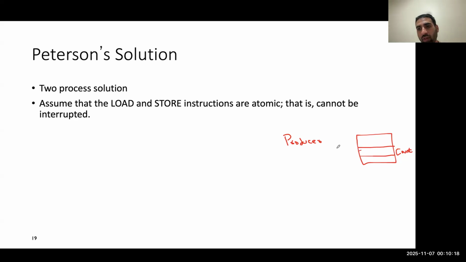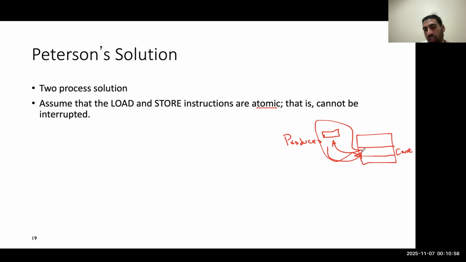For example, the producer will first load the data into the register, and after incrementing, it puts the data back into the memory. This is known as store. Now what we are saying is that they are atomic, meaning the load step cannot be interrupted by anyone else. Once the producer initiates the load operation, it cannot be context switched out until the data is available in the register.